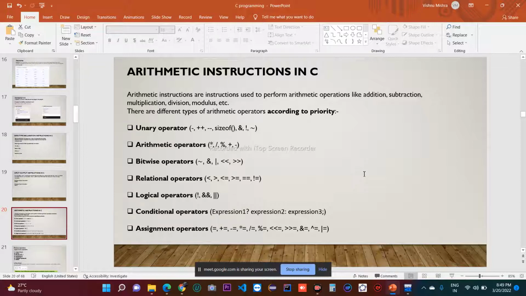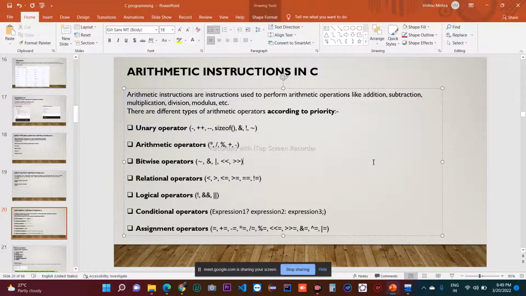So if in a sentence, let's say we have 5 into 7 divided by 6 plus 8 minus 2, a mathematical expression like this, then we first do division, then multiplication, then addition, then subtraction.